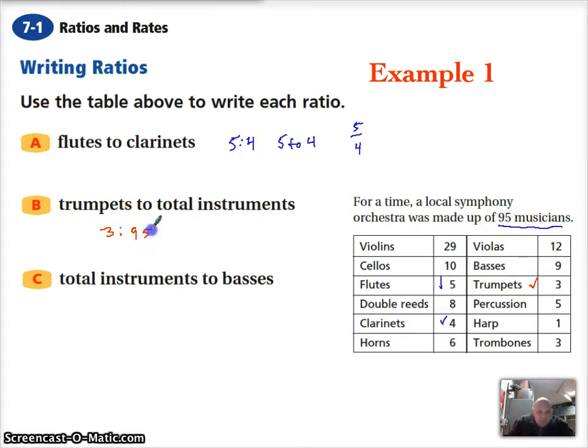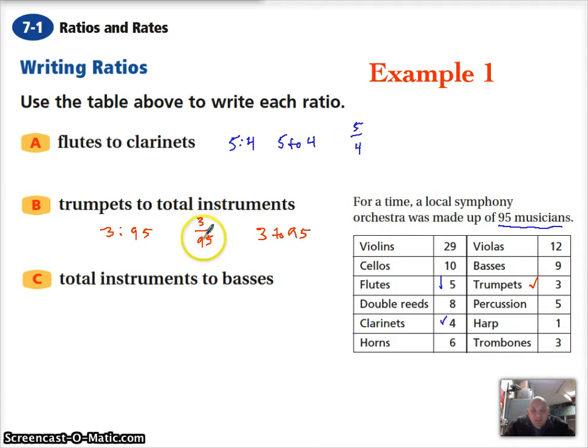3 to 95, or 3:95, or 3/95. Notice we didn't say 3/95ths because this is not necessarily going to be a part of a whole. In this case, actually, it is. 3/95ths of the musicians are going to be trumpeters.